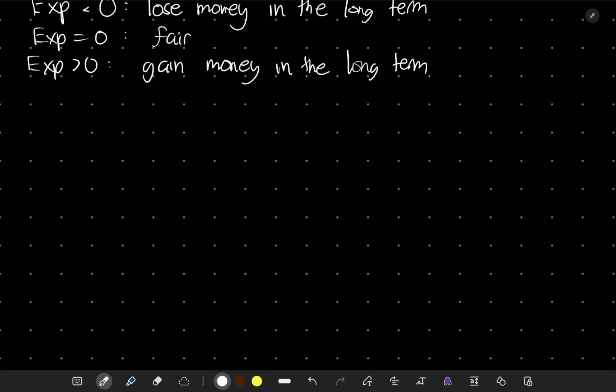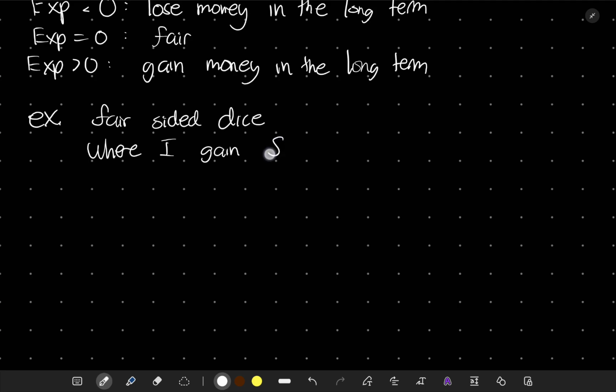So let's just say I had a fair-sided die where I gain X dollars based on the number I roll.